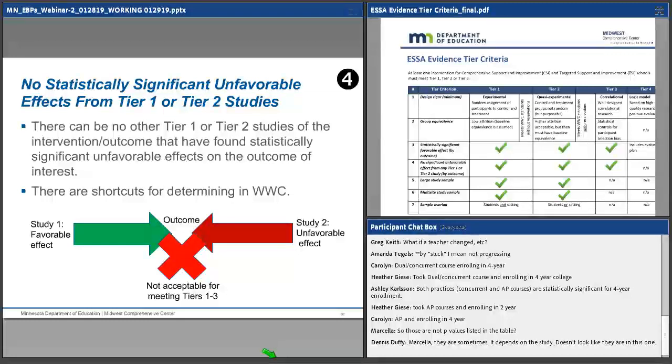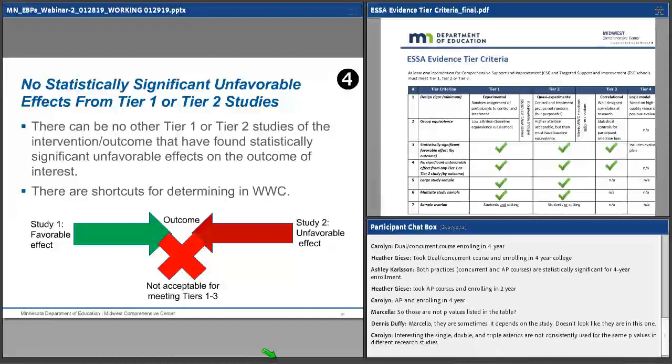You need to ensure that there aren't other studies out there that show with significance that there is actually a negative effect between the practice and an outcome. That is tricky to do without the help of these online resources, so we're going to do that. But if you are doing an individual study review, just know that you need to make some sort of good faith effort to make sure that there aren't other studies out there that refute the evidence for the positive results that you found.